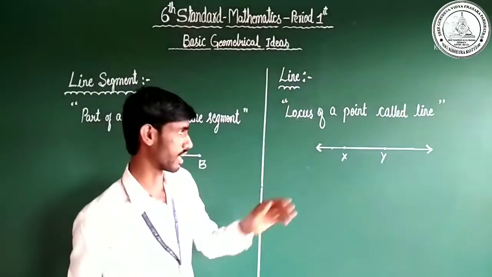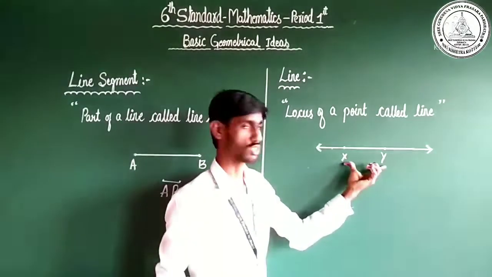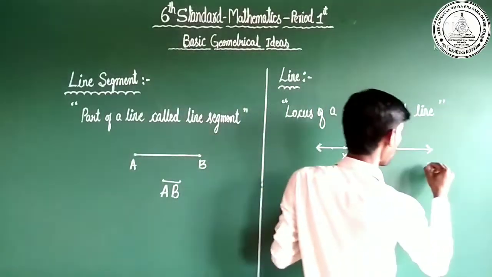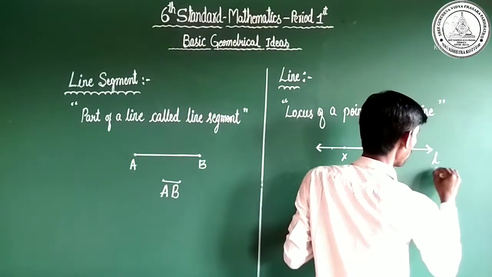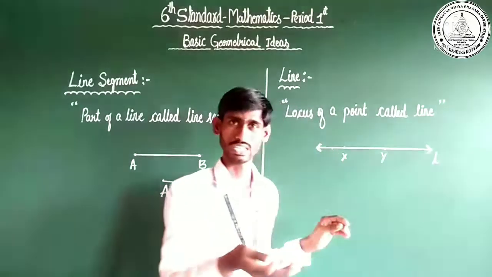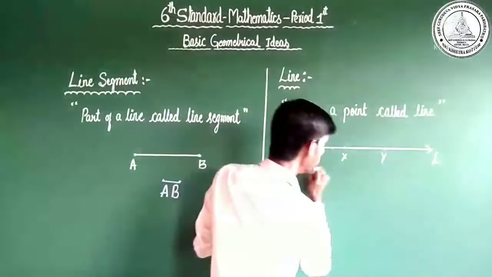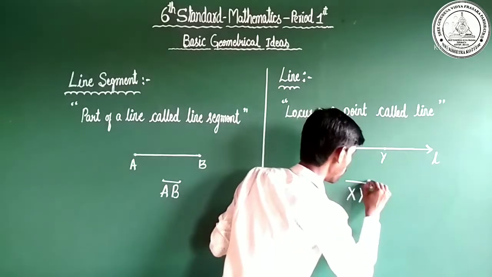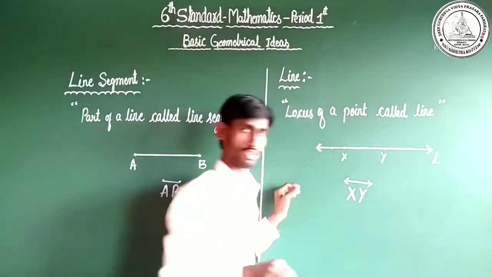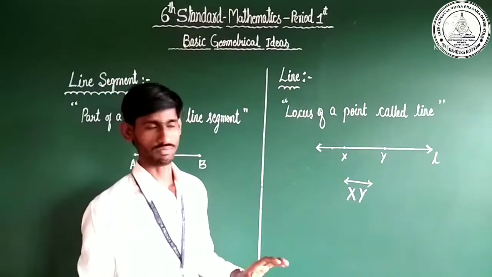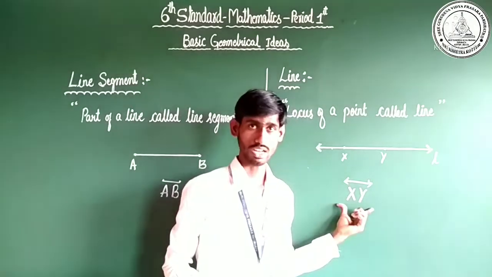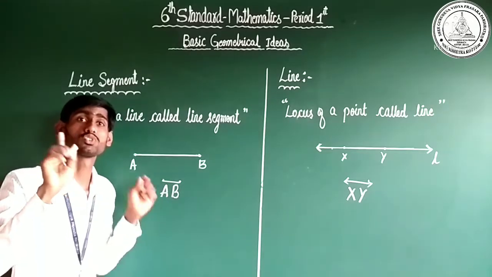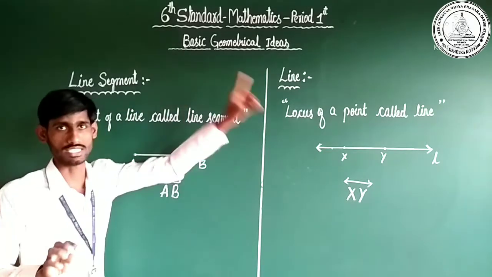For our understanding, we just consider XY as a line. Sometimes a line can also be represented by a single letter like L, M or N. A line can be represented by a symbol with two arrow marks, one on the left side and one on the right side. This is the representation of a line. This is the representation of a line segment. You should know the difference between a line and a line segment.